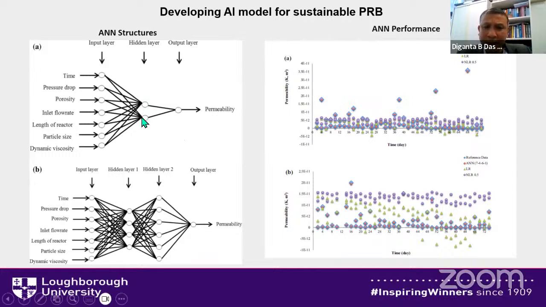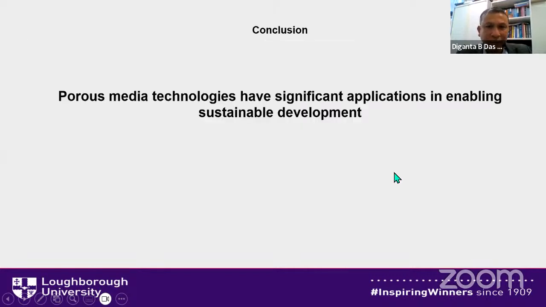One is a single hidden layer structure, the top figure, and the bottom diagram shows two hidden layers. This tells us what structures we developed and what were the best ANN structures. These two structures can mimic our experimental results the best.